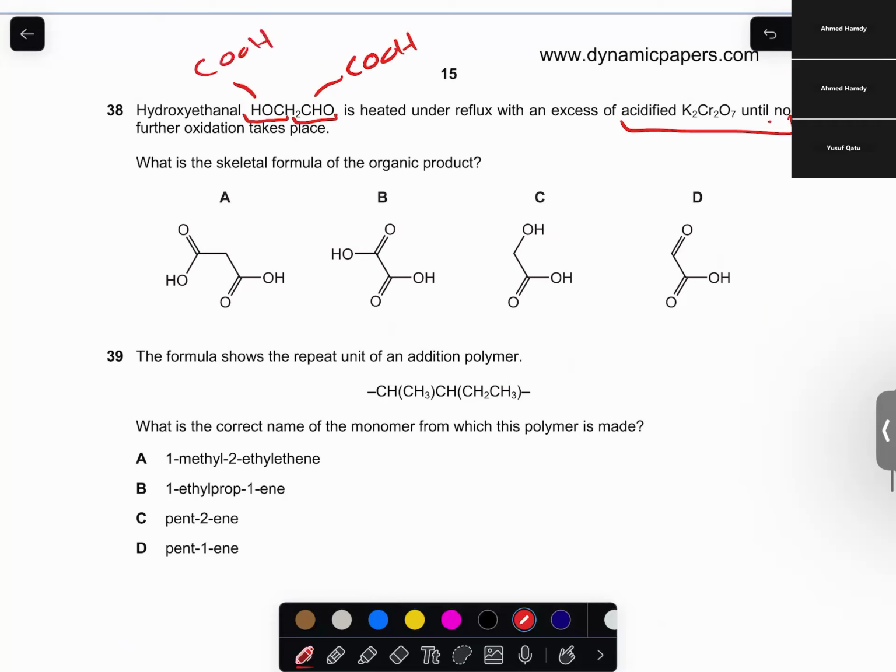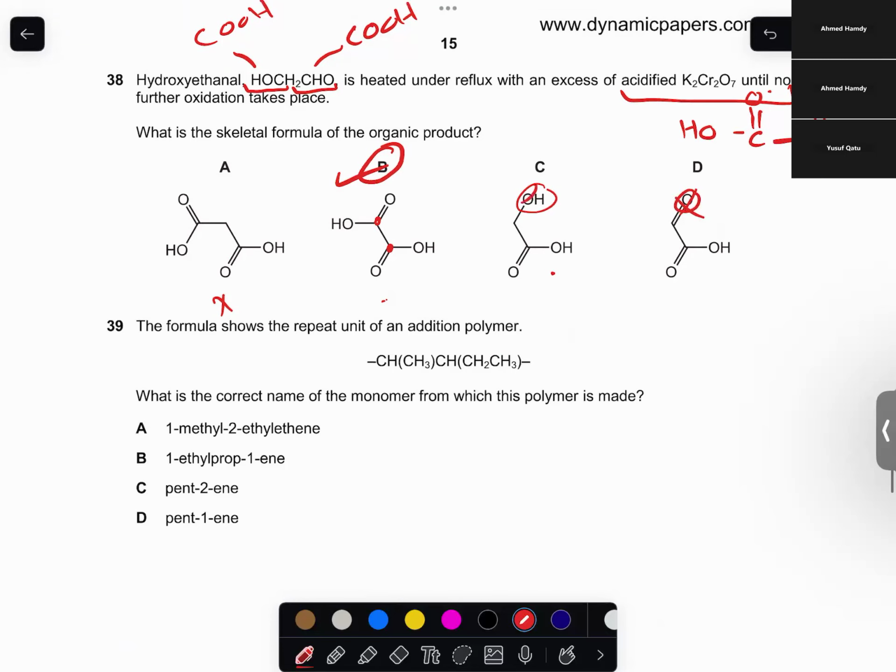So the reaction finally gives COOH because of the aldehyde and COOH because of the alcohol. So we have only 2 carbon atoms. This one is wrong, it has 3 carbon atoms. This one has 2 carbon atoms, yes, this one is right. This one is wrong because it doesn't stay as an alcohol, and this one is wrong because we don't have a ketone group.